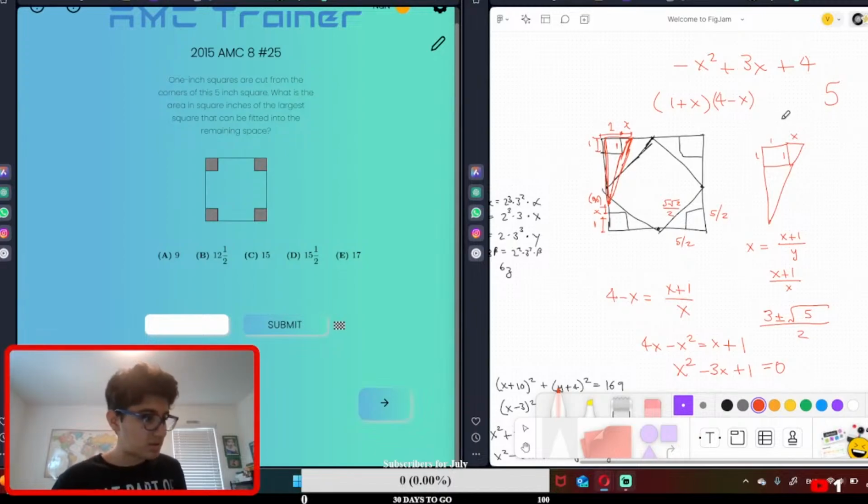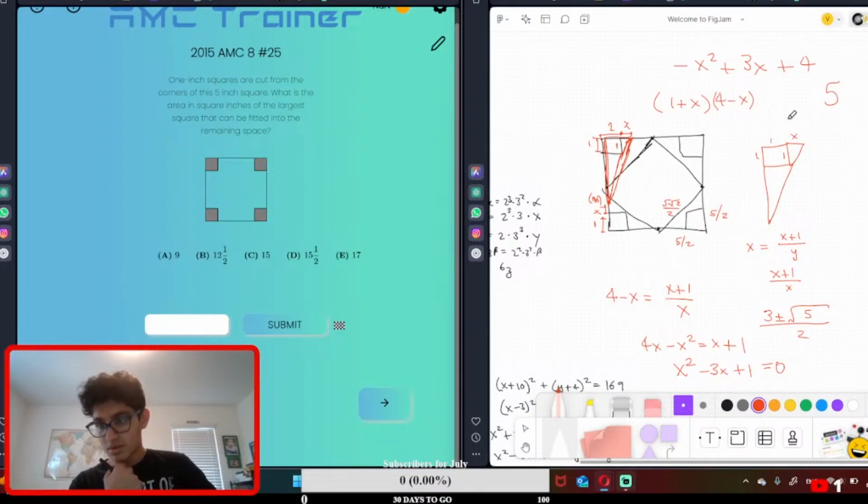Wait, that's obviously not possible though, right? 3 plus root 5 over 2, if you square that, so we're doing negative x squared plus 3x, which we already know is equal to 1. You do plus 4, which makes it 5. That's the area. So that's wrong.